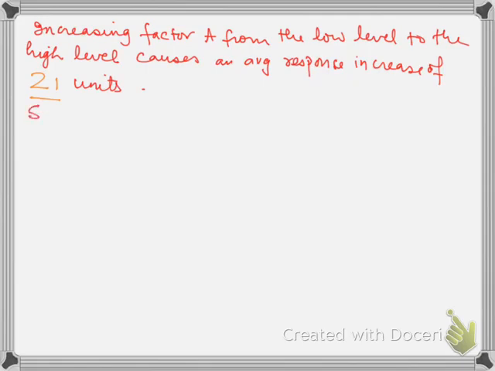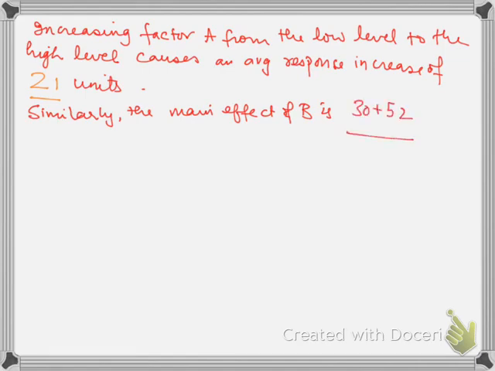Similarly, the main effect of B would be 30 plus 52 divided by 2 minus 20 plus 40 divided by 2, which is equal to 11.